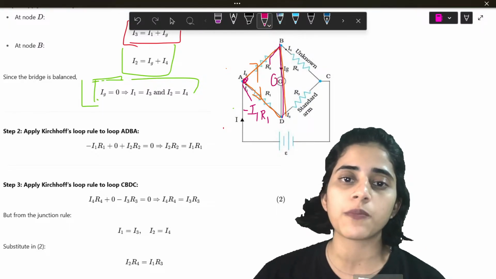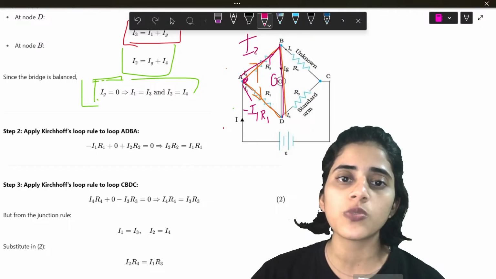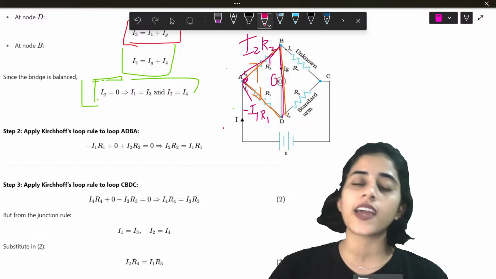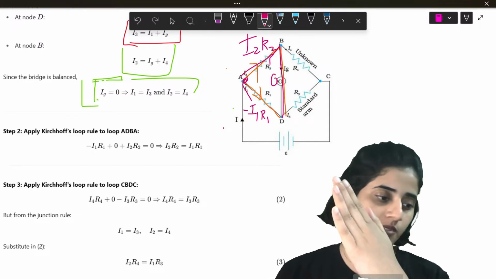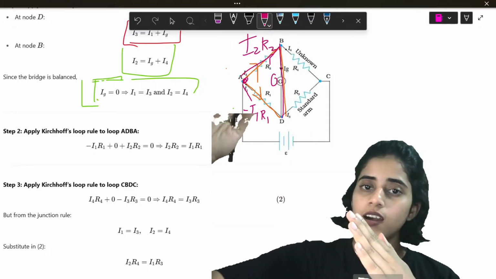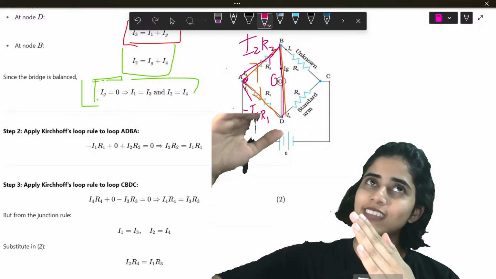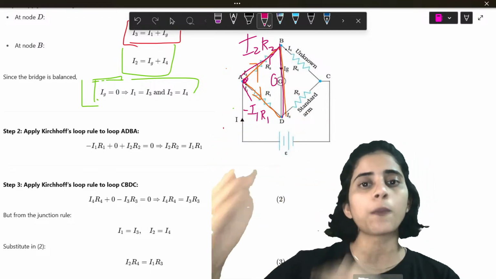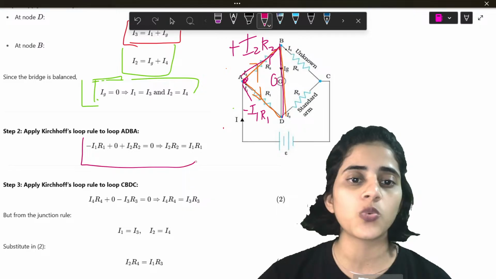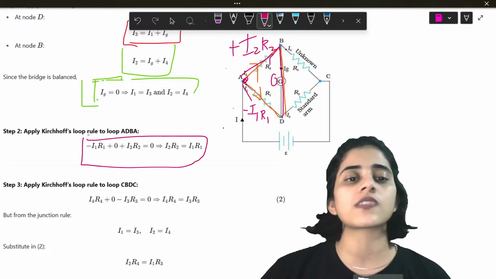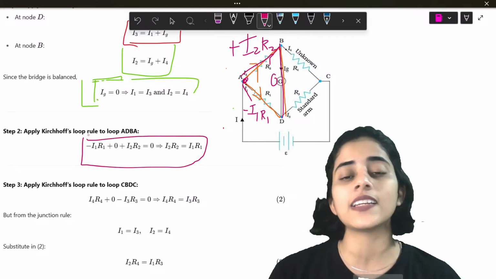And then here what happens? Here you have I2 R2, but it is in the direction opposite to the direction in which I am coming. I2 R2 is coming like this, I am coming like this. So since it's in the opposite direction, I'll take it as positive. Now, if I add these three, you will get the first equation, which is the equation of ADBA.